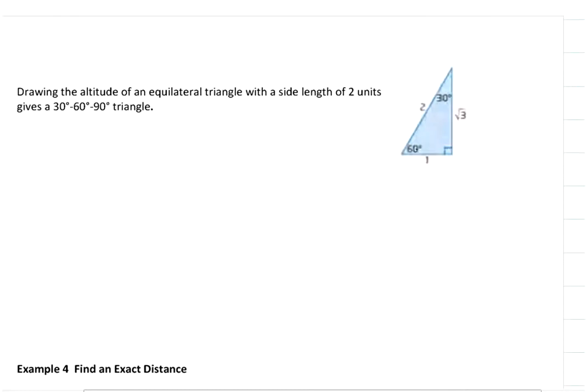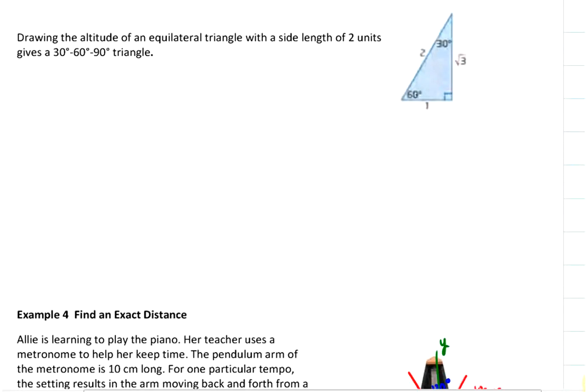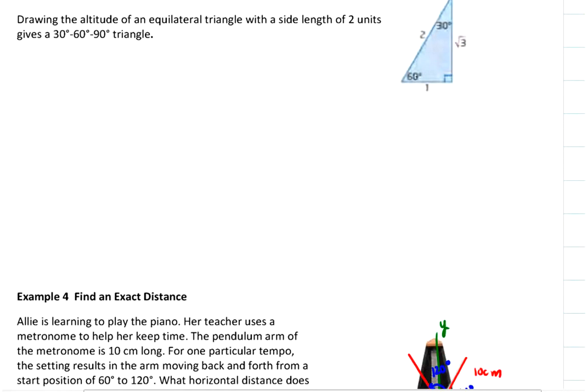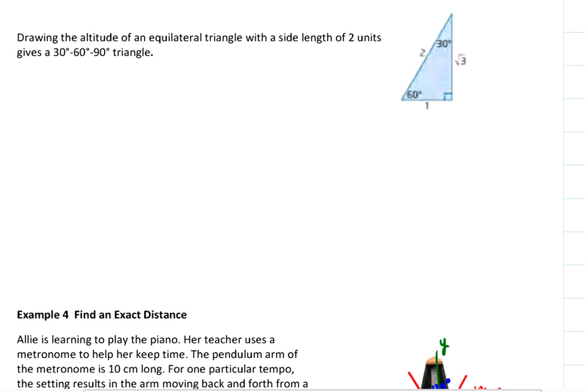So let's take a look at our two other angles, which are 30 degrees and 60 degrees. The way we get the trig ratios for this is by using a 30, 60, 90 triangle. And the way that we come up with our ratios for this is we start with an equilateral triangle. So I'm just going to draw this so that it's equilateral.